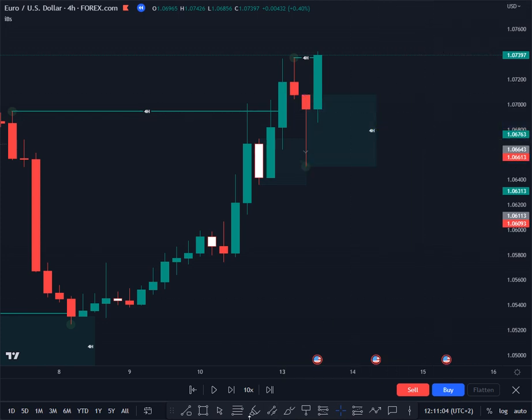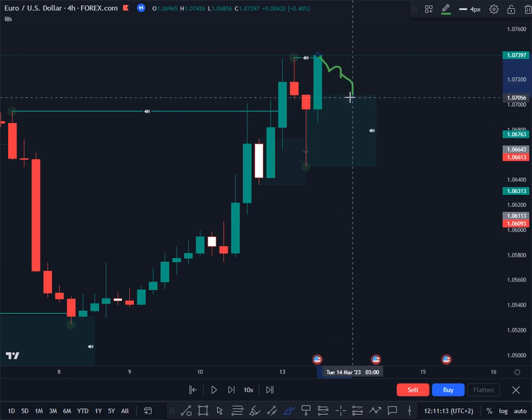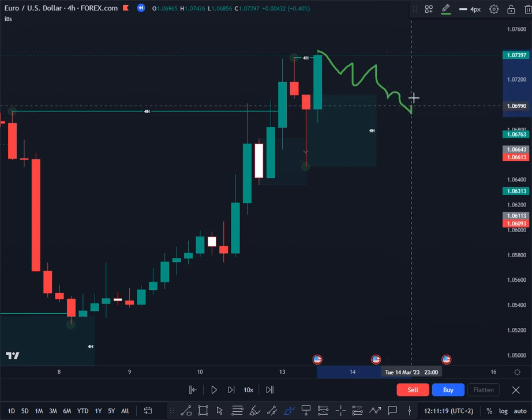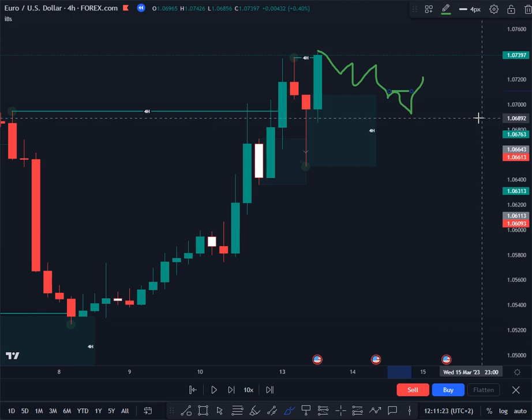Now what I want to see is on the M15 time frame. I want to see the M15 trickle down and tap into my zone and start to cause bullish structure shifts to the upside, right? That's my first line of logic to be able to catch this move.